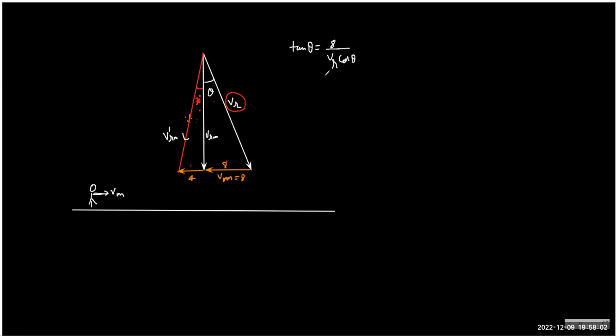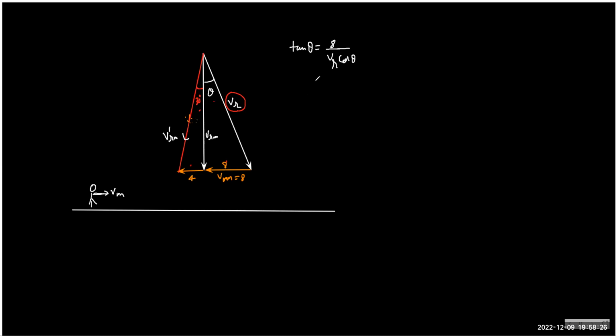As you walk, what remains constant is the velocity of rain. Because velocity of rain will never change whether you run fast or slow or whatever you do, whether you dance, doesn't matter. So tan of theta is 8 upon VR cos theta. Okay, that's easy. What about the tan 30? Yeah, that's interesting.